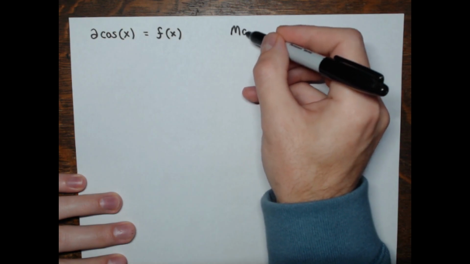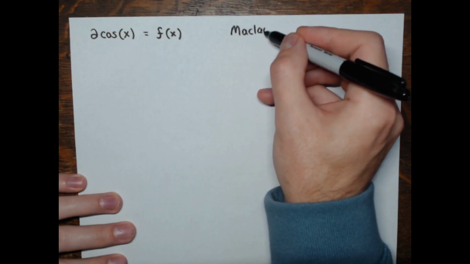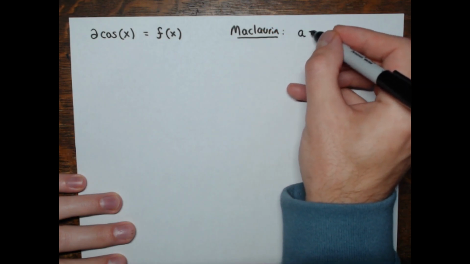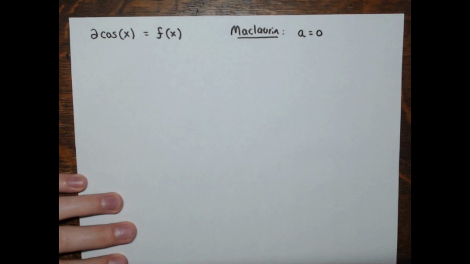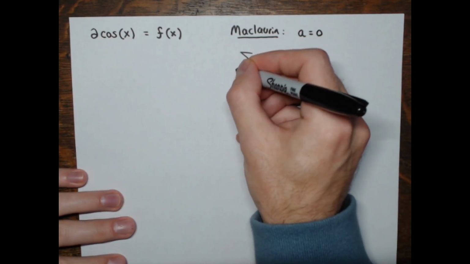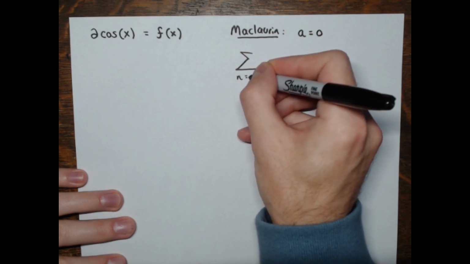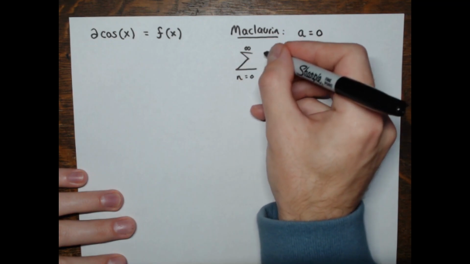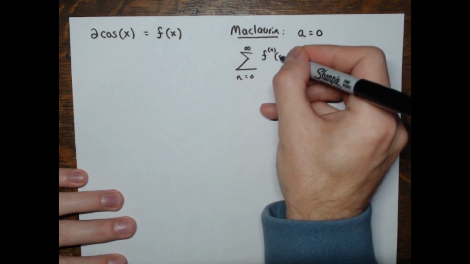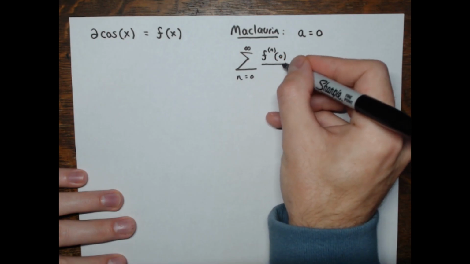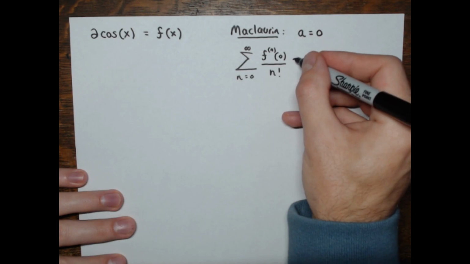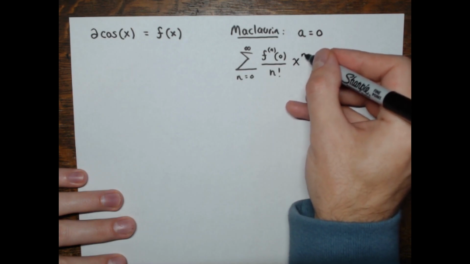We're talking Maclaurin, meaning a equals 0, so the center is at 0. And our Maclaurin series looks like this: sum from n equals 0 to infinity of the value of the nth derivative at 0, divided by n factorial for the coefficients, times powers of x minus 0, so just x to the nth.